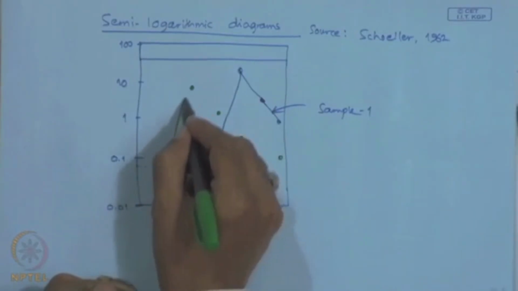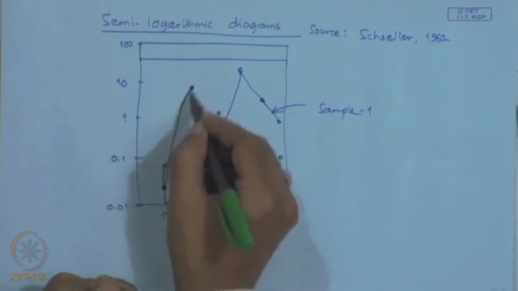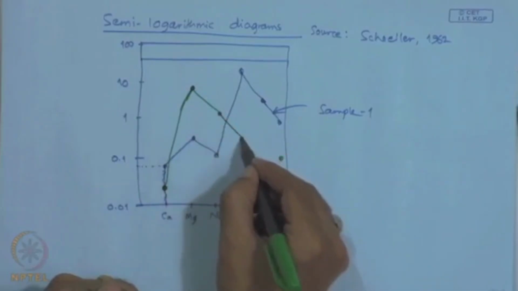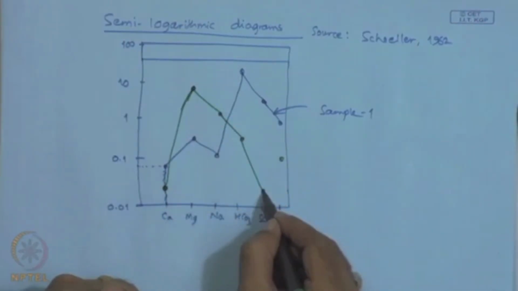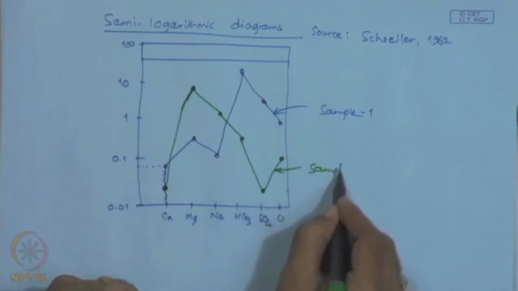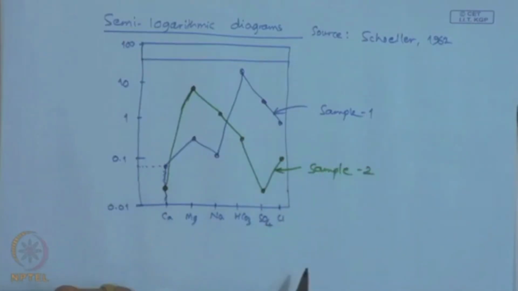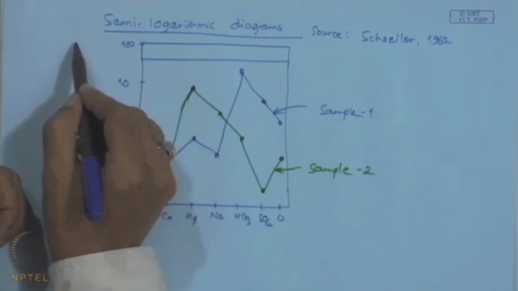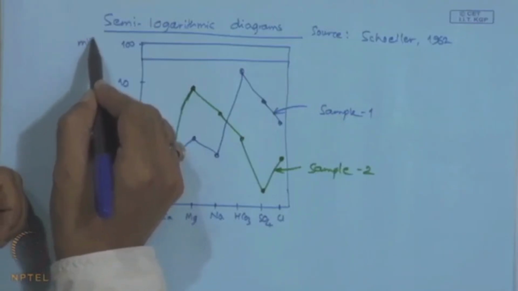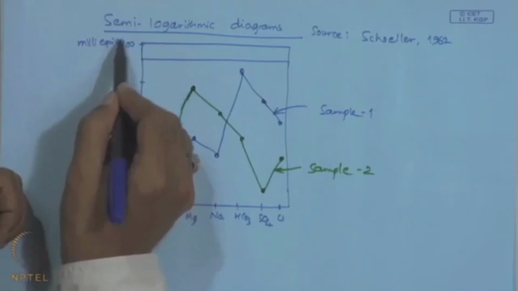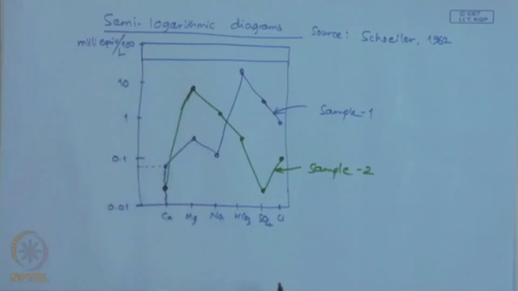So therefore, join each of them by a straight line. So this represents sample 2. And here, these concentrations are in milli equivalent per liter.